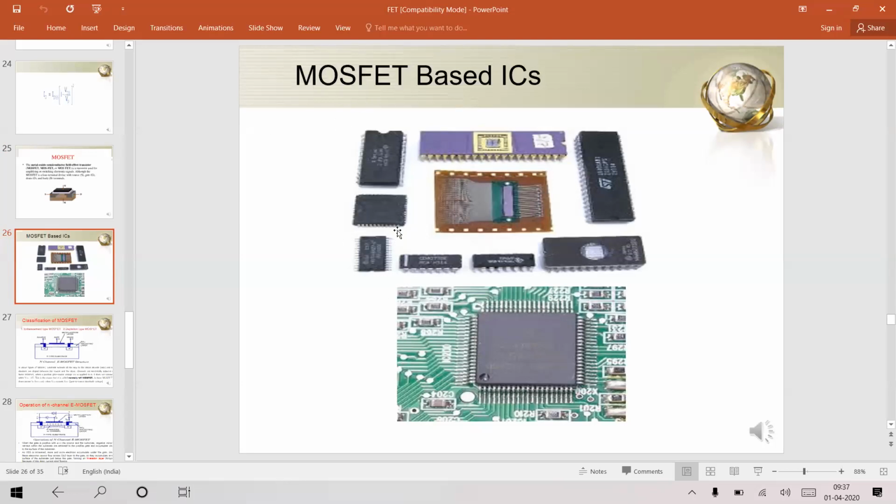From small application to larger application ICs you will find MOSFET, but only the number will change. Maybe 30-40 years back, the ICs available had around 10,000 transistors on each chip. Now today you find millions of transistors on chips, and in the most sophisticated ICs today you will find billions, not millions, billions of MOSFETs.